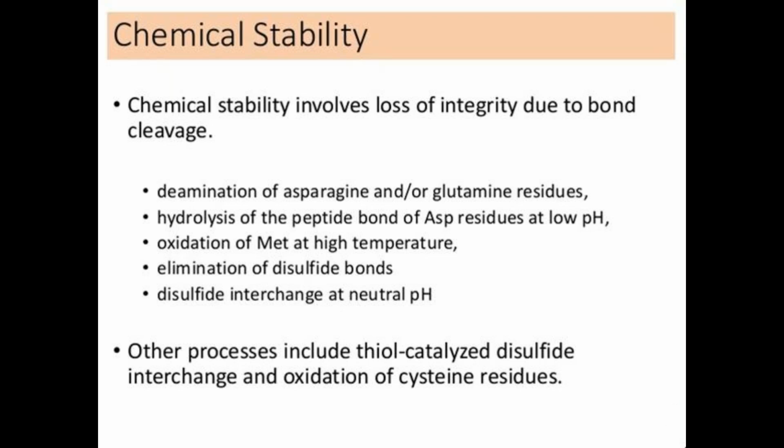These are due to chemical instability. That means chemical stability means it has to maintain the structure, with physical changes and chemical changes not altered, during the maintenance of the native conformation of proteins.